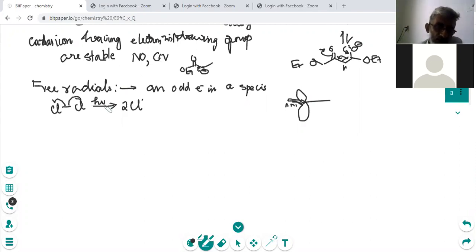Now I will show you one more, where without the light, in presence of a peroxide, in presence of one chlorine atom, methane can form a methyl radical. Now, what is methane?